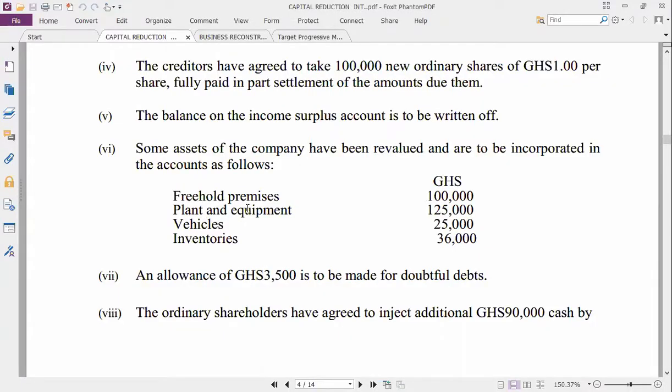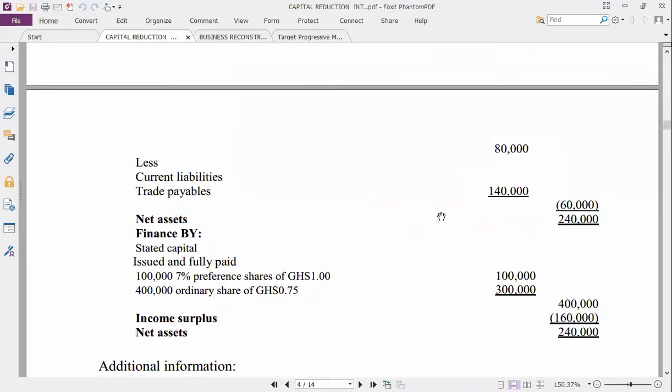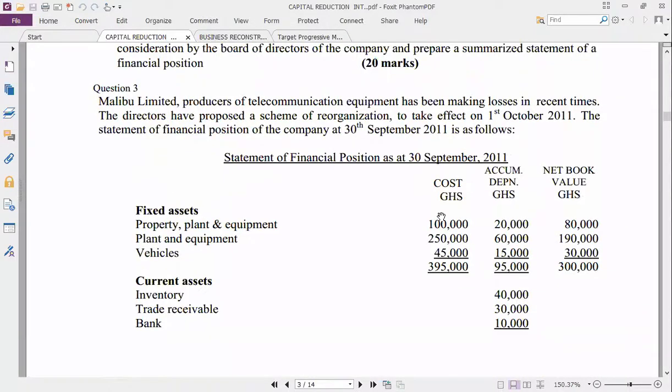There's a loss. So plant and equipment, the fair value is what? 125. But let's go and see the book value. Good. So plant is 190.